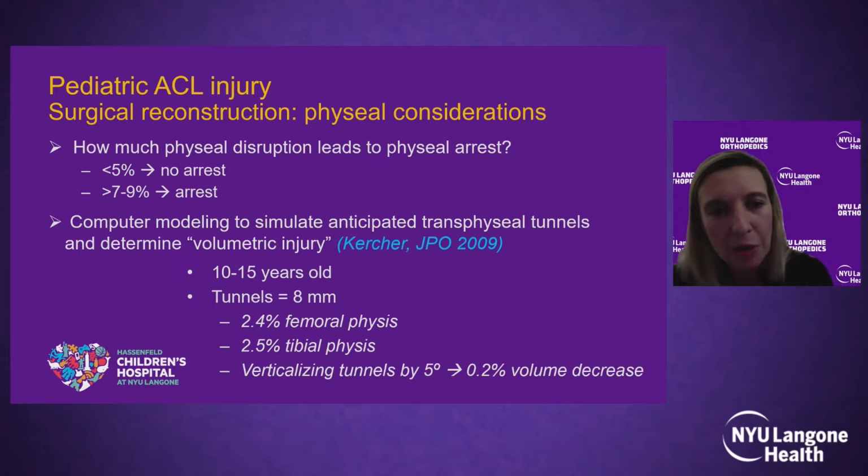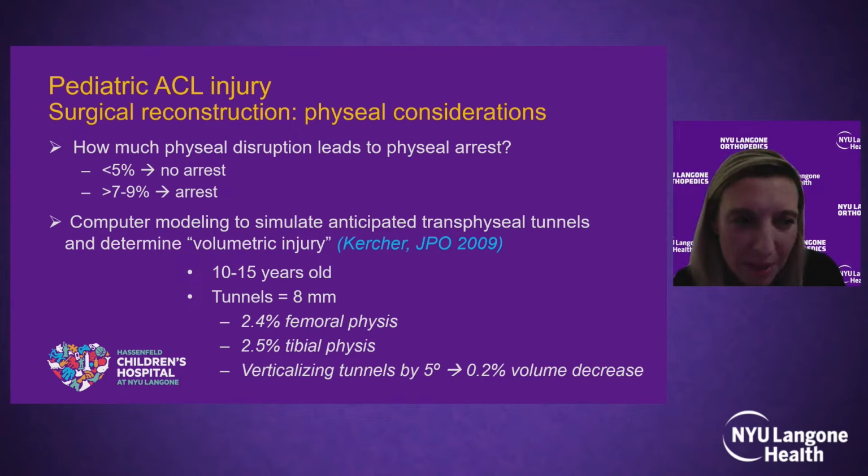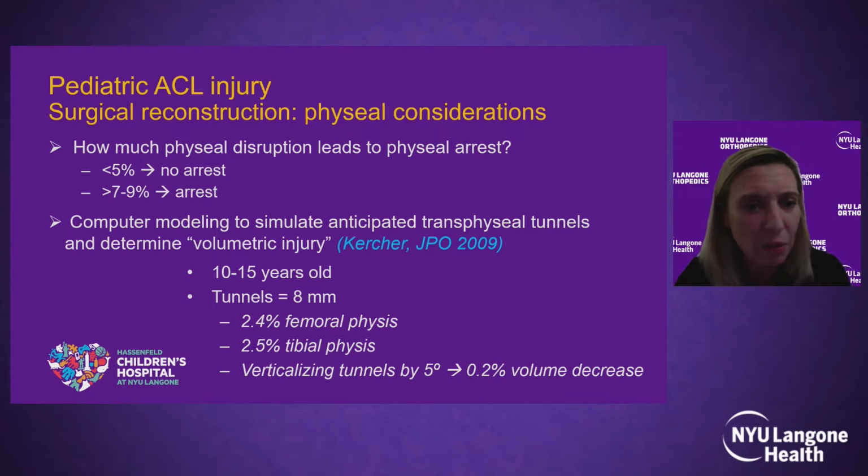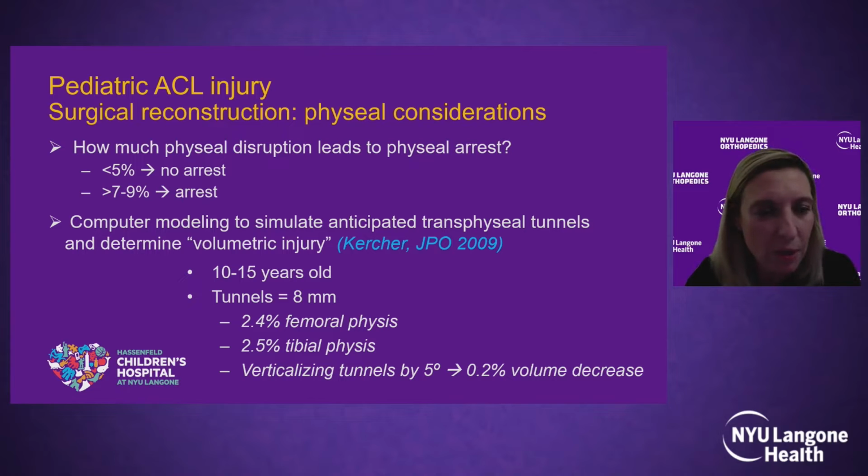In terms of how much physeal disruption may lead to arrest, our longstanding orthopedic dogma tells us that once you get to more than 7 to 9% of physeal volumetric injury, you're more likely to see a physeal arrest. There have been some studies, and again, I've listed one here, that have used computer modeling to simulate this. If you're going to do a transphyseal tunnel, you want to know the volumetric injury.